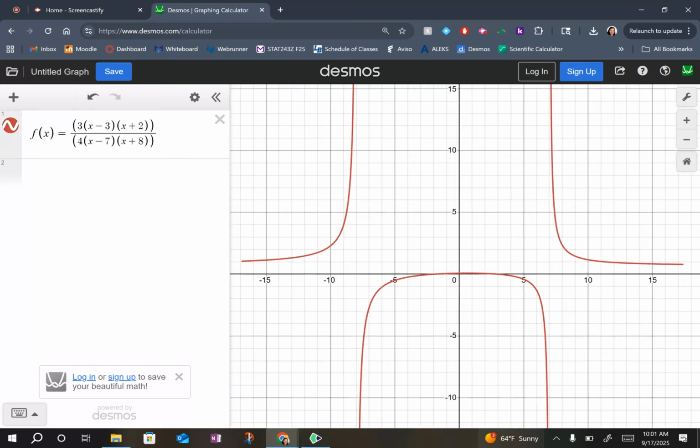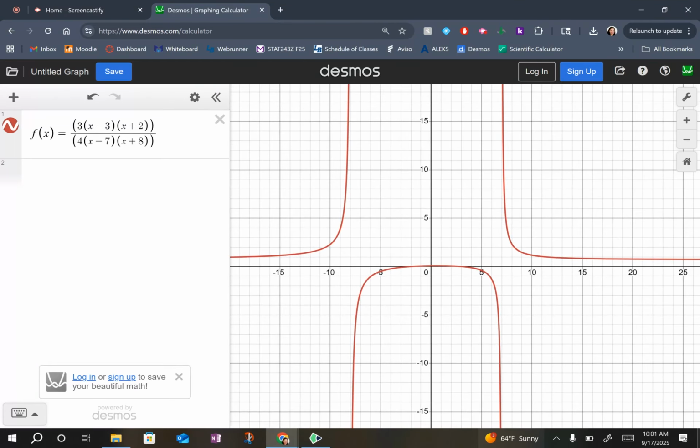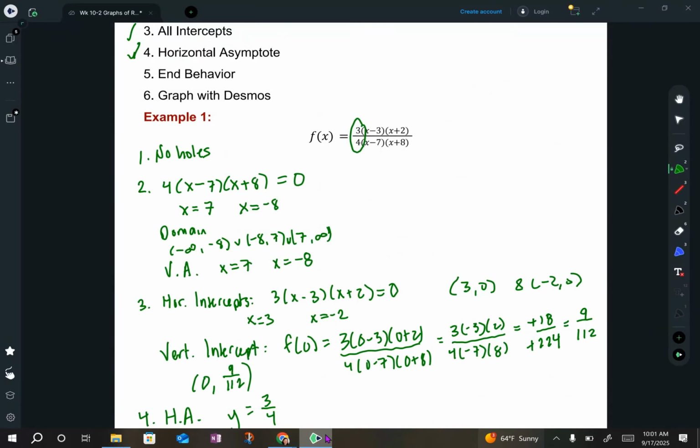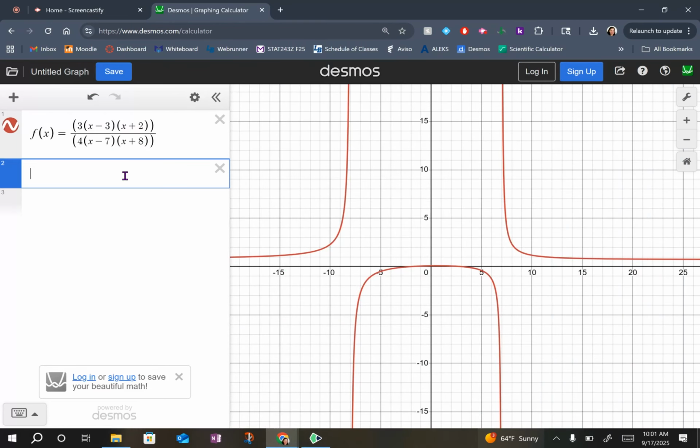All right, and so there is my rational function. Let's find all the features that we had. The first features we found were no holes and vertical asymptotes at 7 and 8. I kind of like to just graph them in there. So if I just write x equals 7, and then you can even make it a dashed line if you want to be super fancy, which I kind of do. Let's see if I can make that happen.